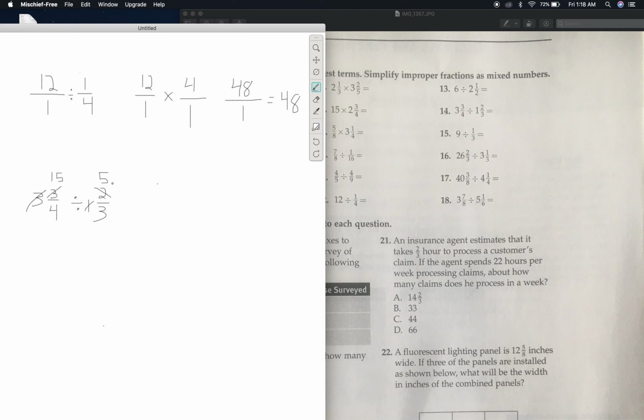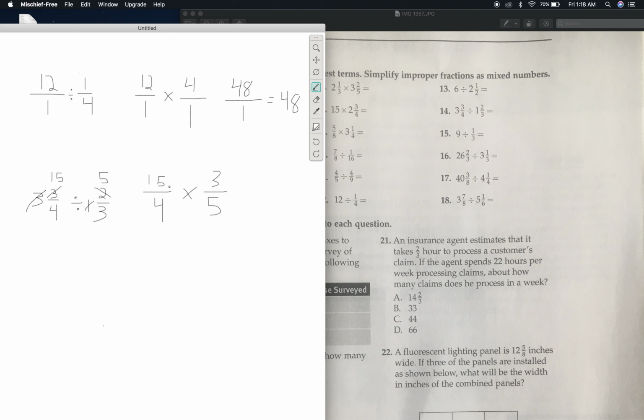And remember what we do next. We have to invert this over here. Same thing we did last time. Change it to multiplication since we're inverting it. Now the 3 will be on top of the 5. That happens every time.